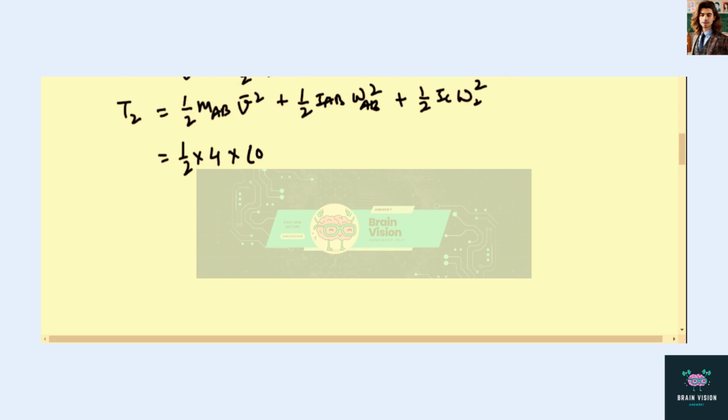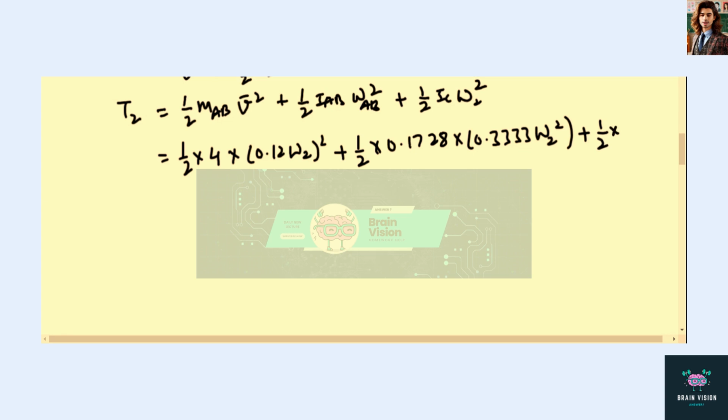Velocity we have estimated 0.12 omega 2 square. Moment of inertia of rod AB is 0.1728 and its angular velocity is 0.333 omega 2 square. Moment of inertia of the flywheel 0.5184 into omega 2 square. On solving it, you will get 0.2976 omega 2 square.